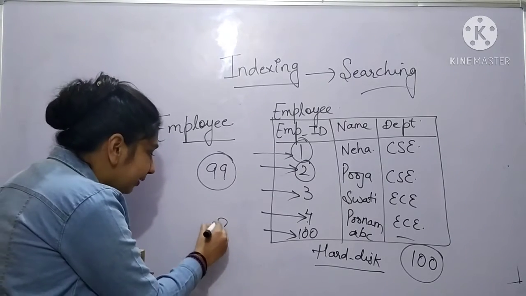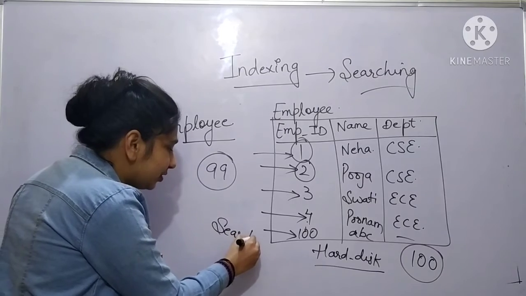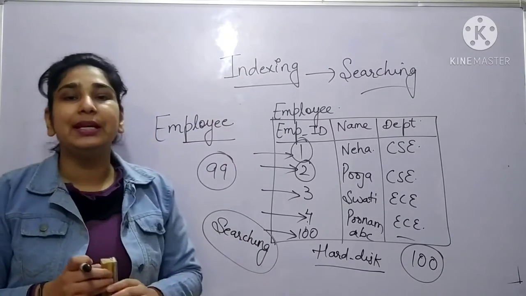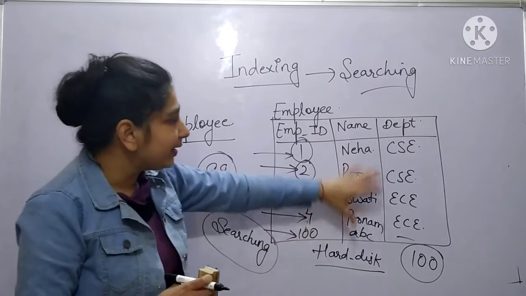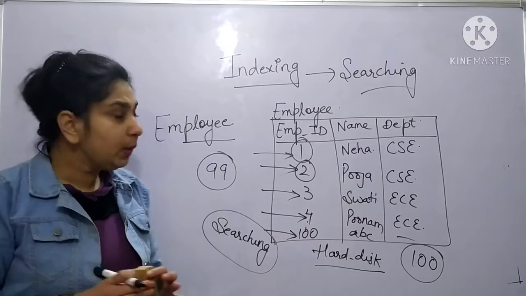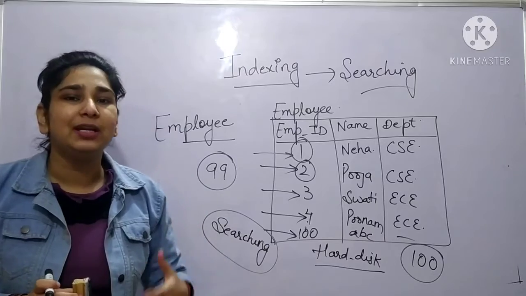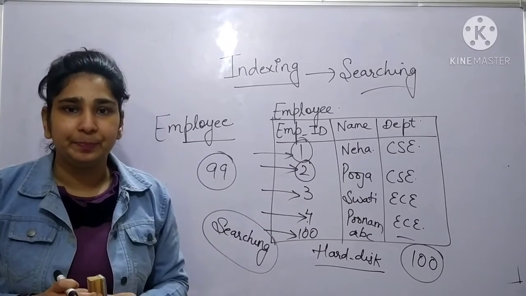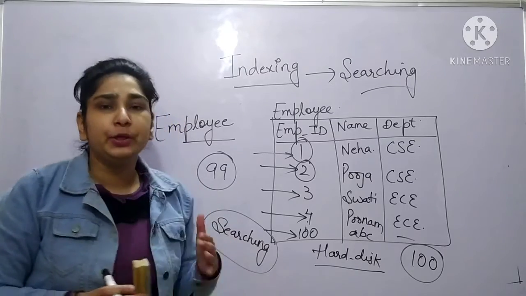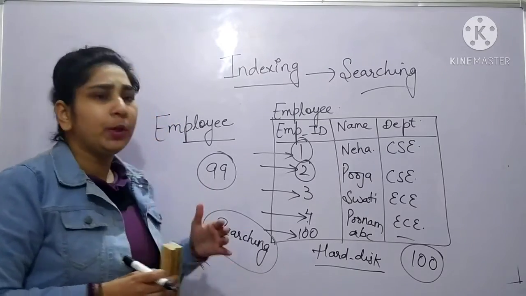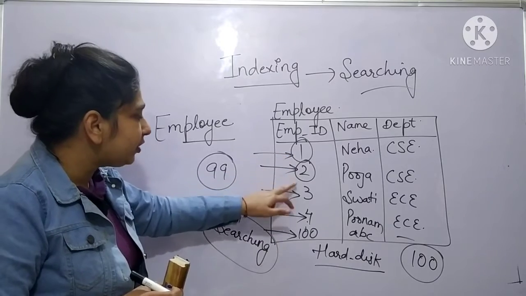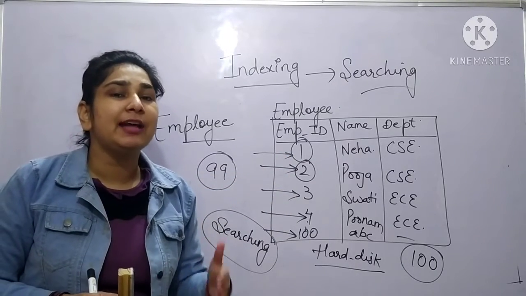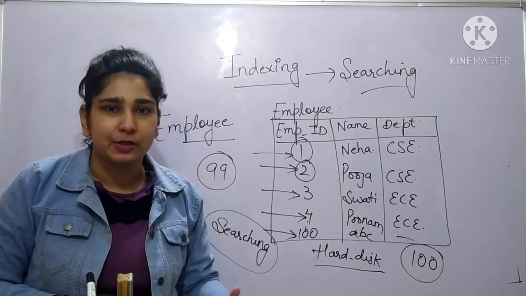So searching time is very large in this case. That is the reason we use indexing in database tables. We want to reduce the fetching time of the records in the table. If we don't use indexing, then we have to search for each and every employee ID, and our searching time is going to be very large.